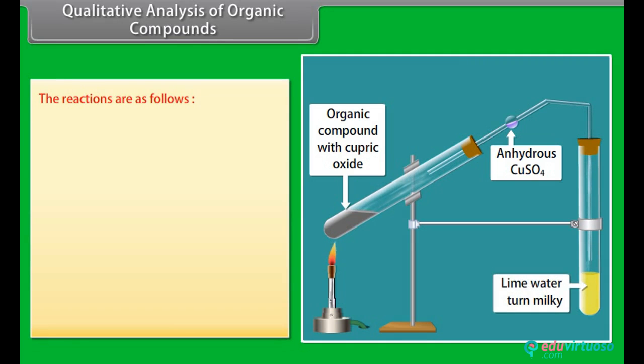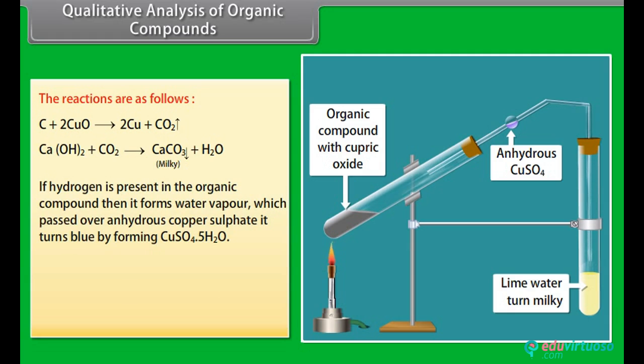The reactions are as follows. Carbon in the organic compound reacts with copper-2 oxide and produces copper and carbon dioxide. The produced carbon dioxide reacts with calcium hydroxide, turning it milky, indicating the presence of carbon in the organic compound.